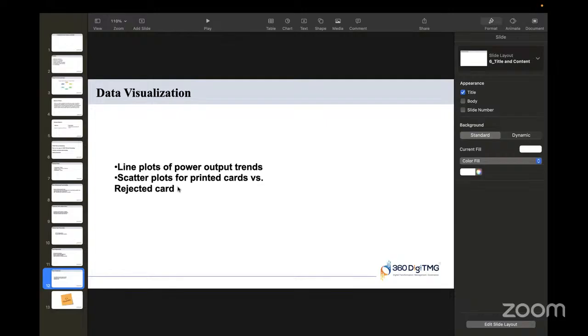That ratio is very low for PVC card material. So we came up with the solution that we have to go with PVC material.